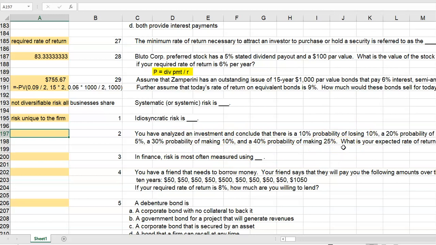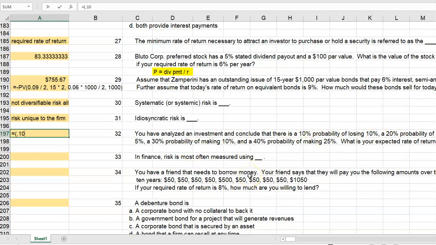We're going to see a bunch of these flavors. Expected rate of return equals the probability of each return times the return, and add them up.